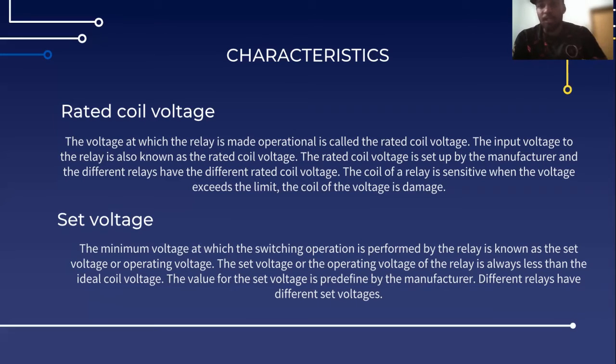So the minimum voltage that is given to the relay must always be less than the rated coil voltage. That is the set voltage.